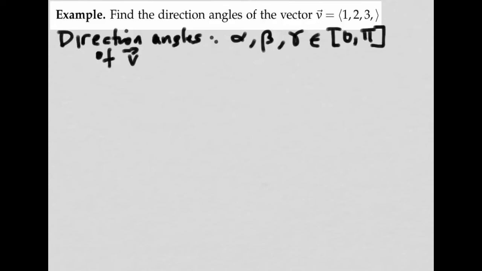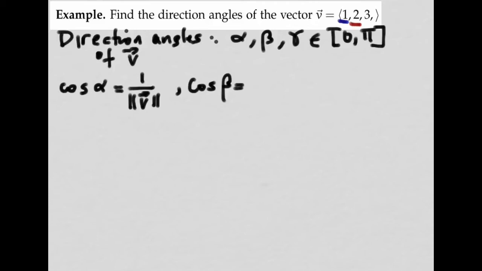These direction angles, alpha, beta, and gamma, are determined by the following three equations. Cosine of alpha is the x component, which is 1, divided by the magnitude of v. The second equation is cosine beta is the y component of v, which is 2 divided by the magnitude of v.